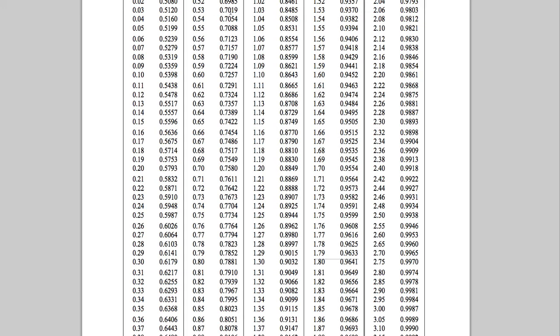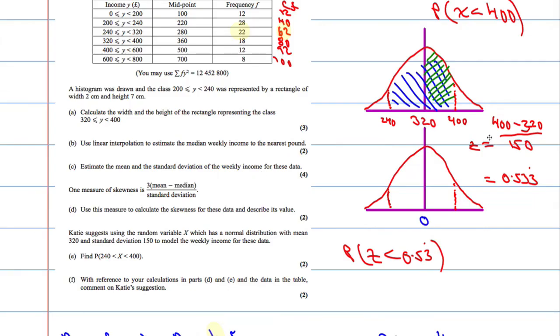We can read it off from here, 0.7019. So that will tell me everything to the left of 400. So I've worked out all of this region here. Now what I'm going to do is take away 0.5, which is going to eliminate all of this and leave me with the blue.